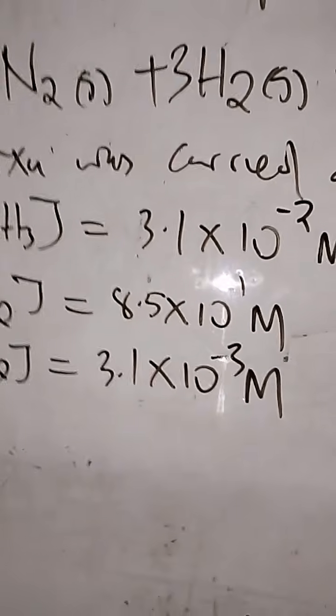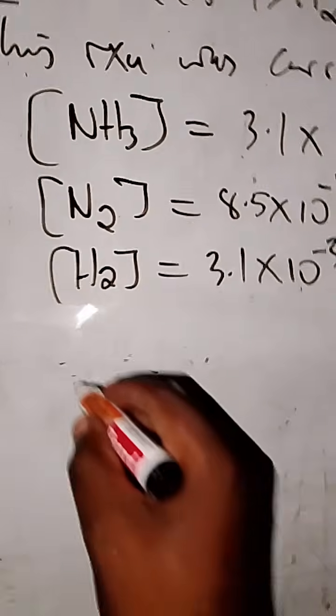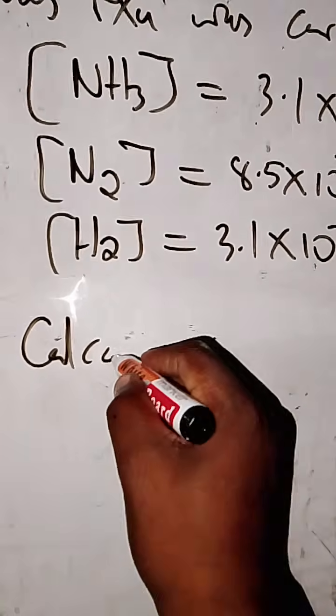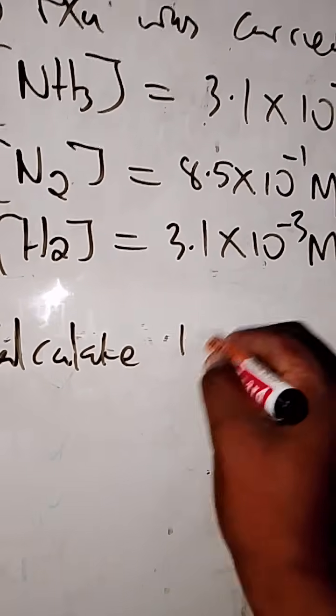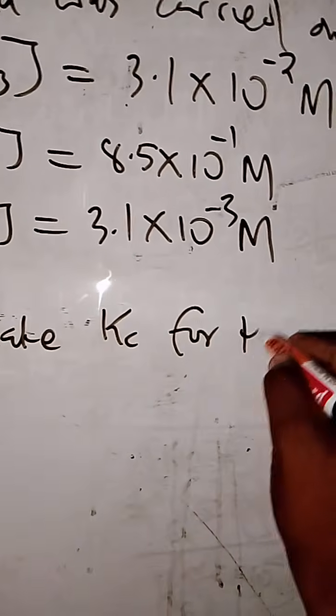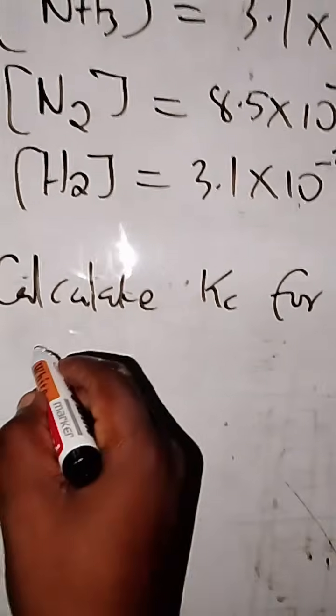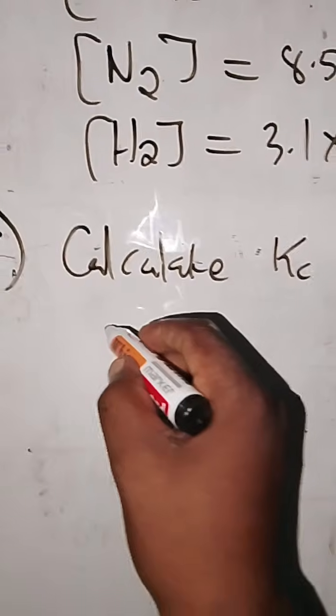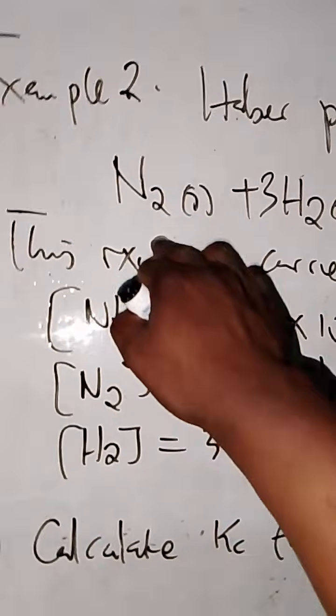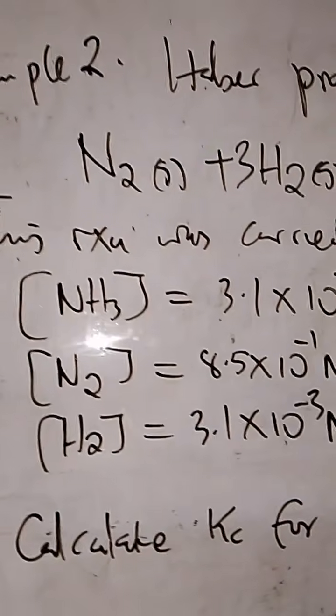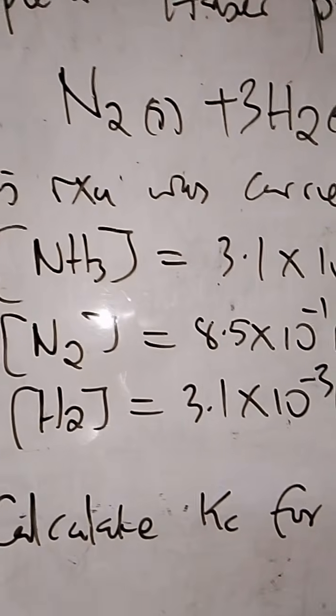Okay, so we can again calculate, let's say we introduce some fractions in the original equation. Calculate Kc for the reaction written as we are now going to modify this equation.